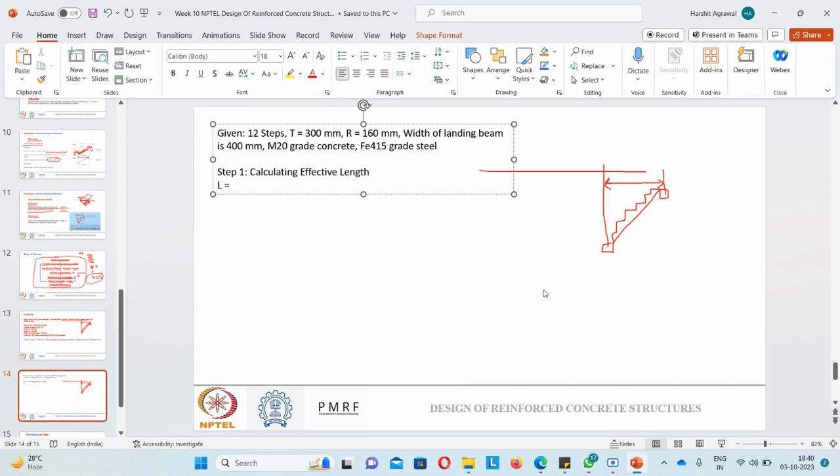So what is my width of landing beam? So 400 by 2 plus what is the total going length? Number of steps are 12 and tread is 300. So 12 times 300 plus again 400 by 2. So this will come out to be 4000 mm. Okay, so this is the effective span.